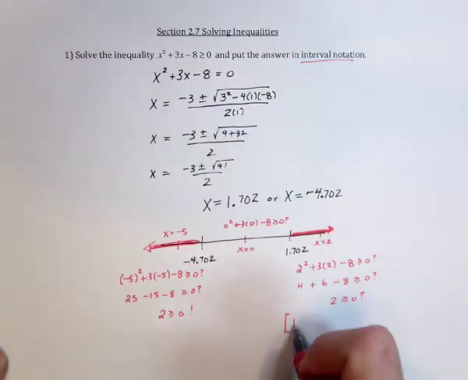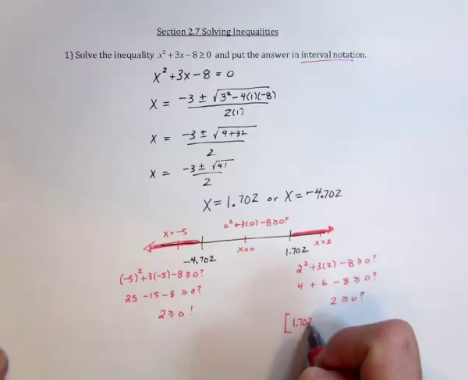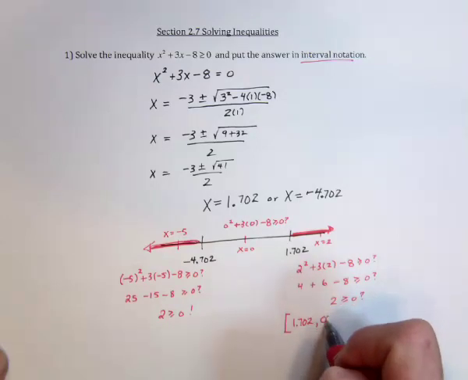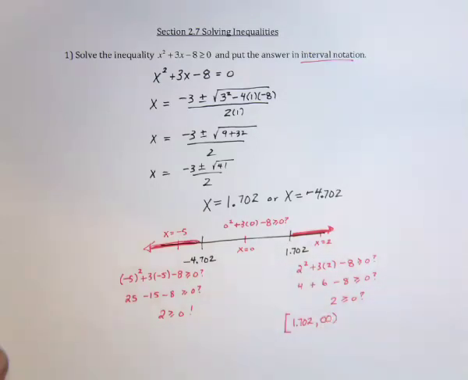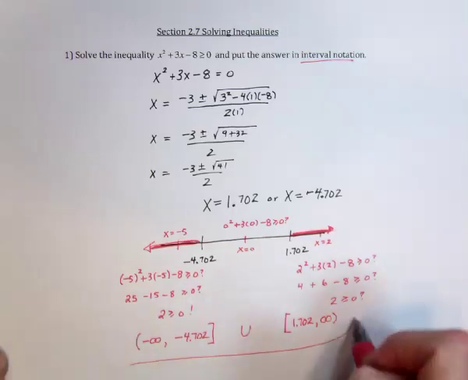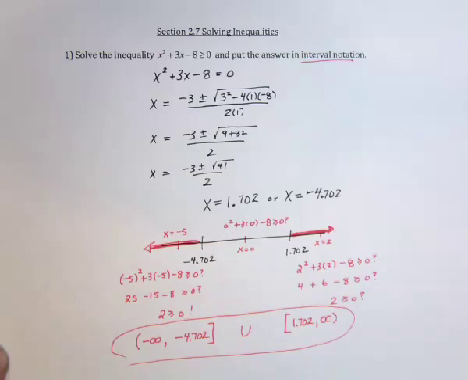So in other words, do include the 1.702 and then go to the right forever to infinity. On the left hand side, it's going to start from negative infinity and go up to negative 4.702 and include it. And finally, union the two of those. And there it is in interval notation.